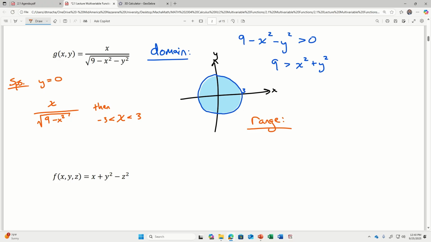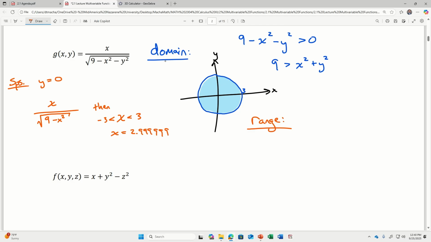So if I had x equals 3, then that's 3 divided by, let's say, a really small number. Or let's say x is equal to 2.9999999.